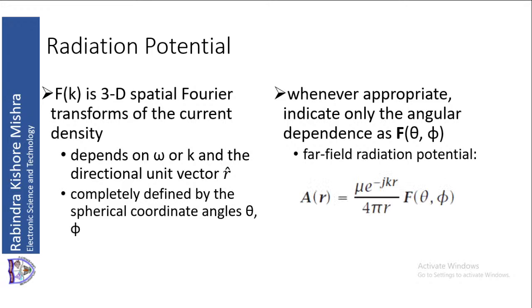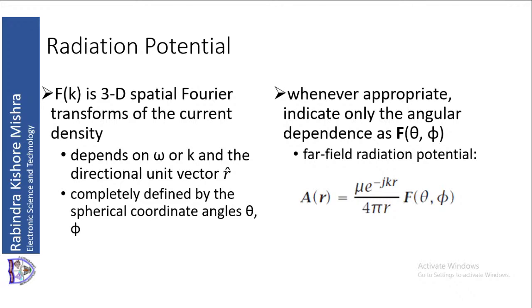So F theta phi is called the far field radiation potential, where A r is equal to mu exponential minus j k r by 4 pi r into F theta phi. This is called the far field radiation potential, and we define F theta phi as the volume integration of J into exponential j k dot r'.